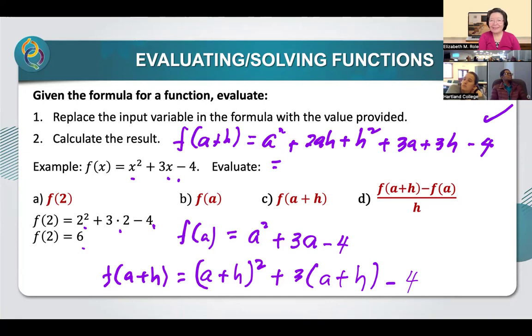Okay, letter D is nice. You know already f of a and you know f of a plus h. Combine them: f of a plus h minus f of a, over h.